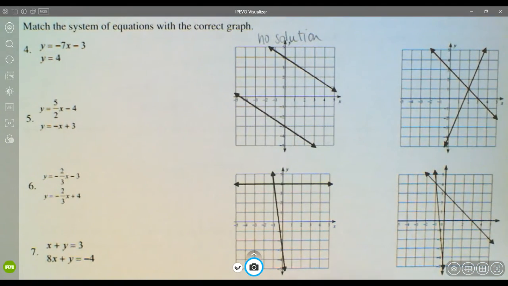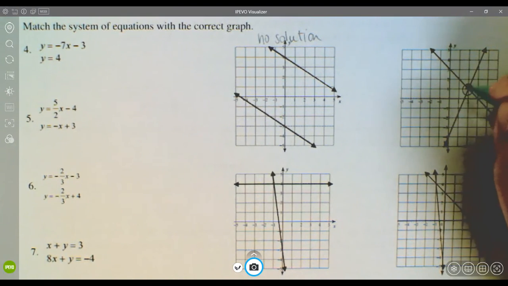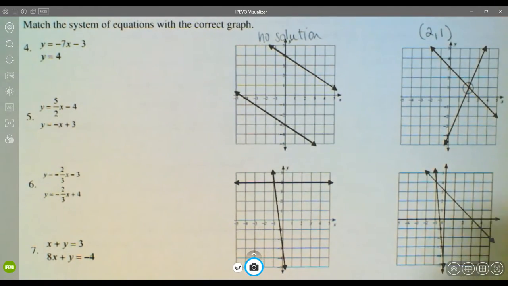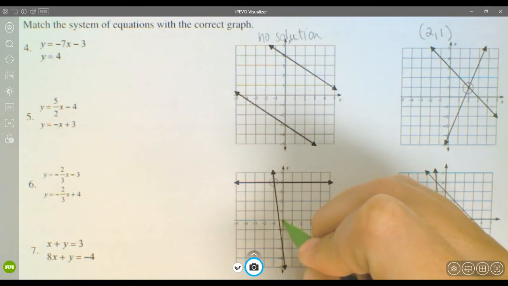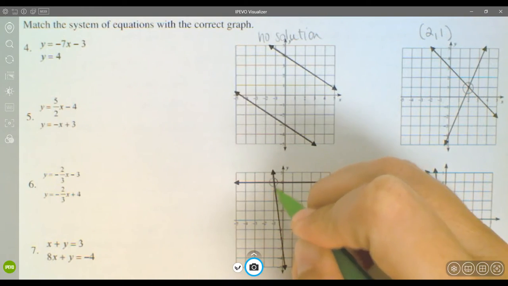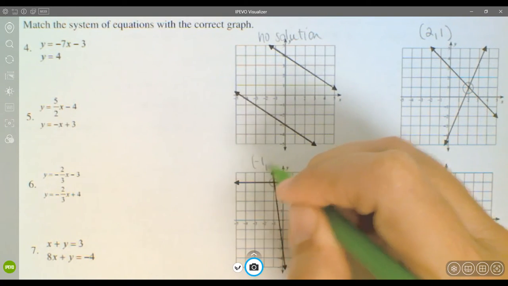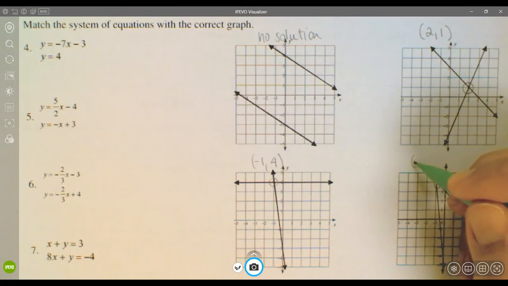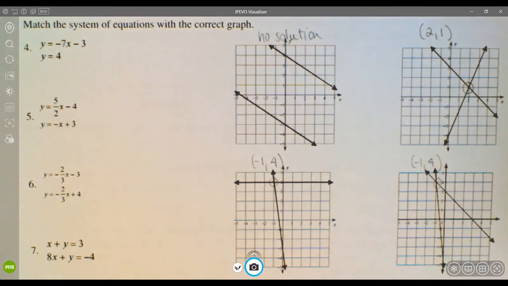When I look at this graph, I see the solution is 2, 1. When I look at this graph, I see the solution is -1, 4. And when I look at this graph, I see the solution is -1, 4.